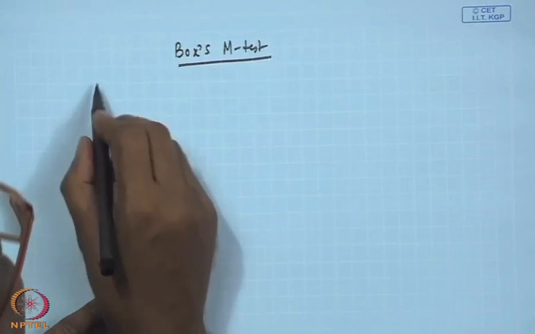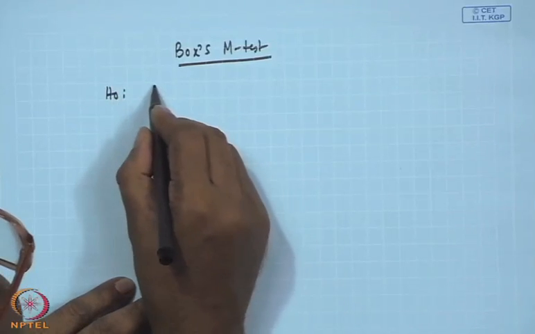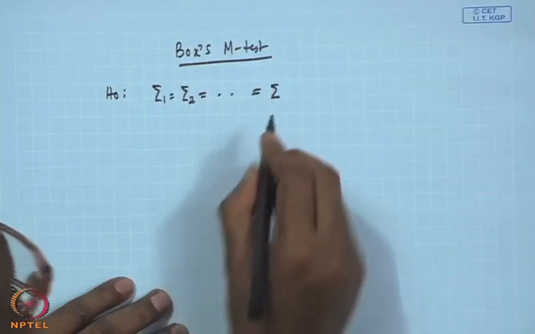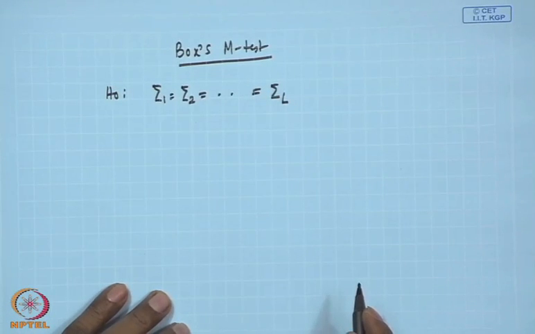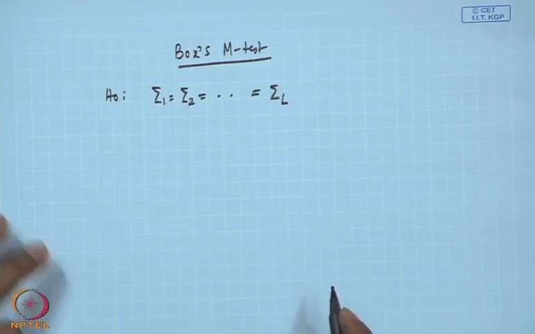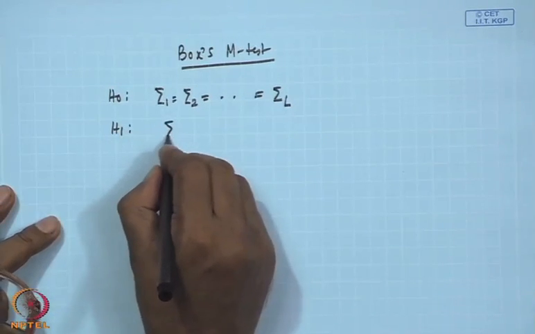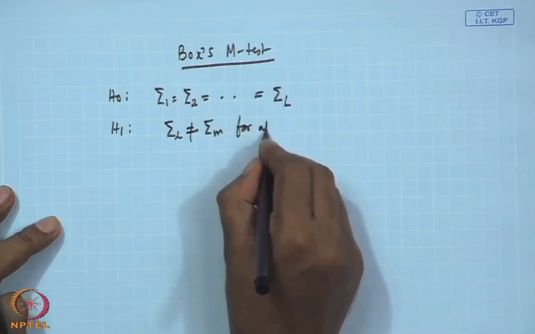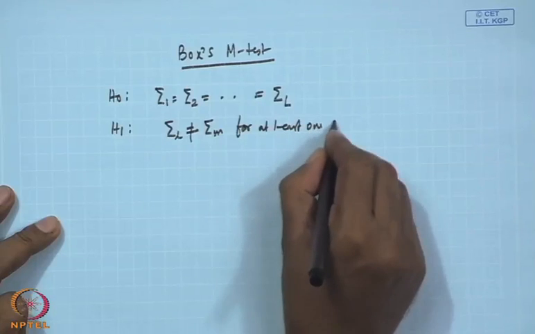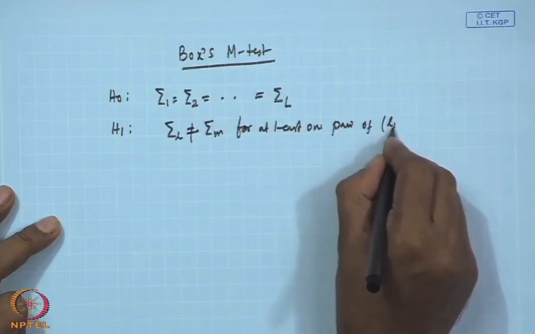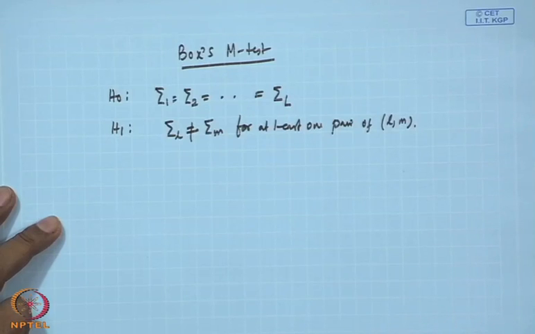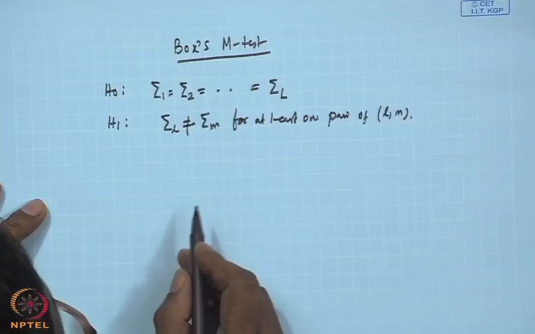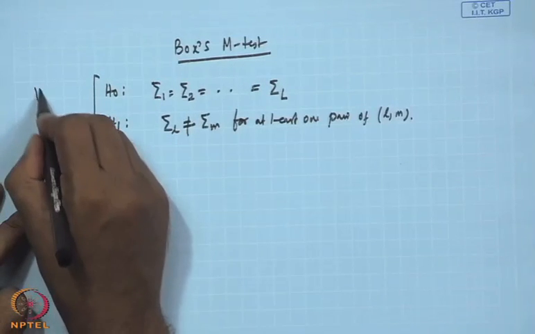Here we will create the hypothesis H0 that population covariances are equal. Okay. And your alternative hypothesis will be sigma L not equal to sigma M for at least one pair L M. Okay. So this is our hypothesis.